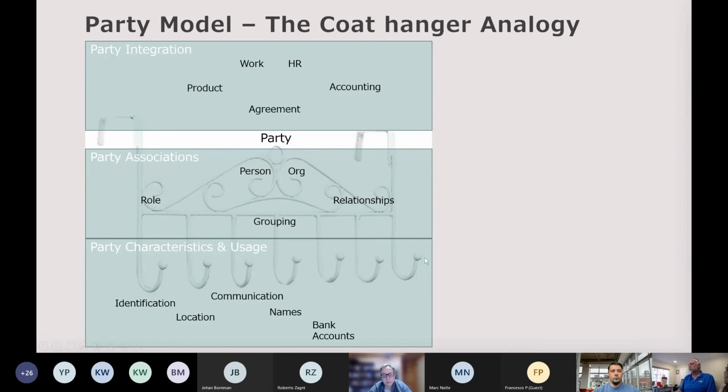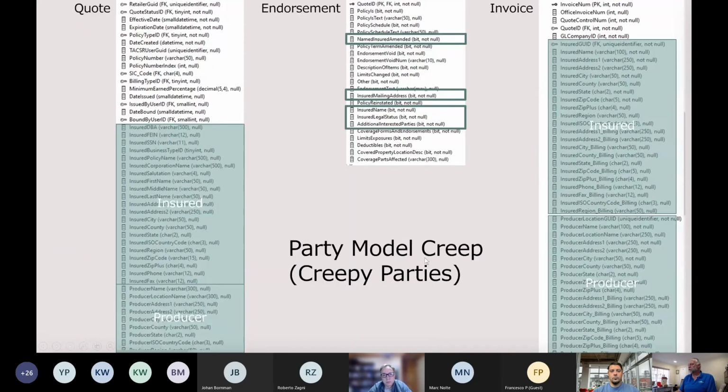And what we don't have is this situation over here, with the typical table designs, where information about the party starts to creep into the quote, into the endorsement, and into the invoice. This is from an insurance point of view.